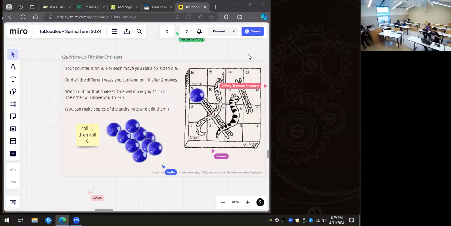We want to win. We can't win in one move, because the biggest number we could roll on a die is 6, and 9 plus 6 is only 15, and we have to get to 16. So it's going to take 2 moves to win. That's our goal. So the question is, how many ways can we do that?